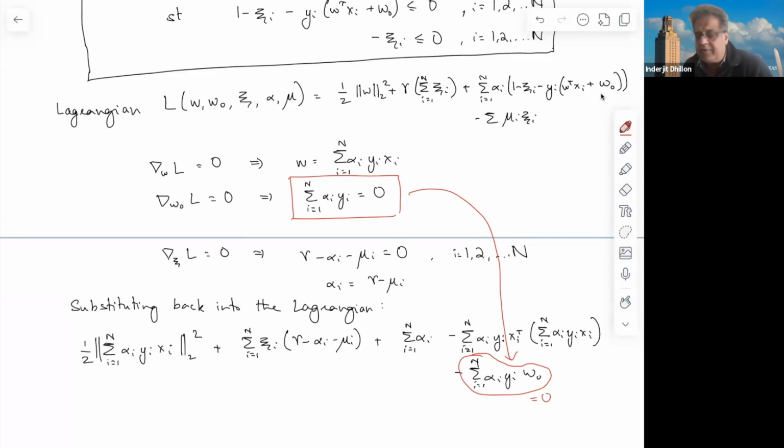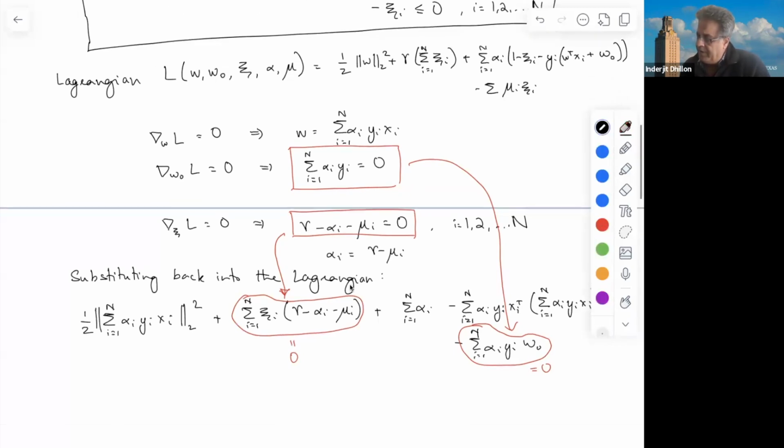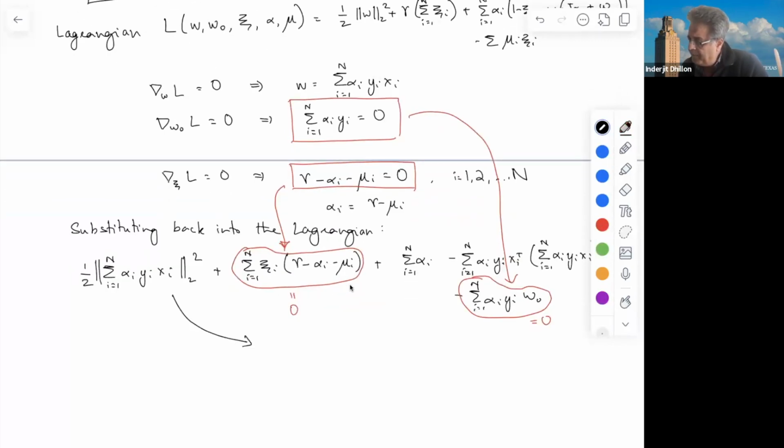And now there's another thing that happens. If I look at this part, gamma minus alpha I minus mu I equal to 0, and I look over here, well, that's exactly this. So this is also equal to 0. And then, very similar to this, I can combine this to give me minus half.